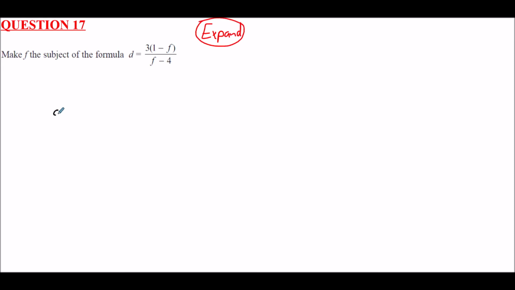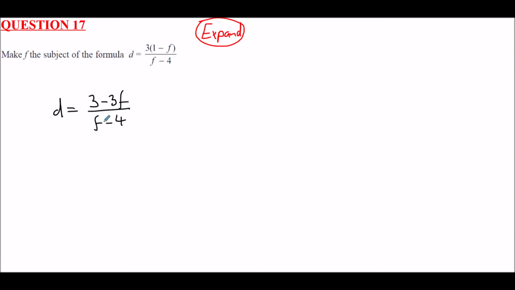That'll then give me D equals 3 times 1, which is 3. 3 times minus F is minus 3F, all over F minus 4. Now, if F is a subject, we can't have F in the denominator of the fraction, so we need to multiply through by this whole denominator.